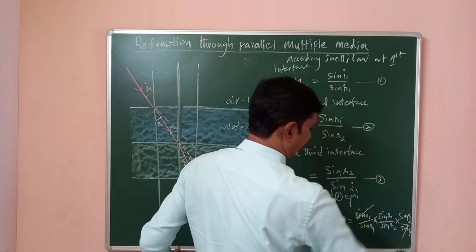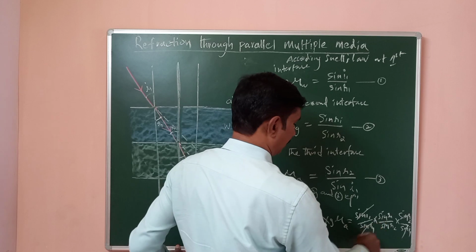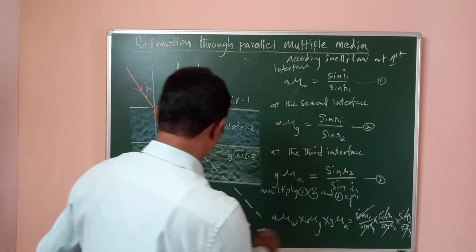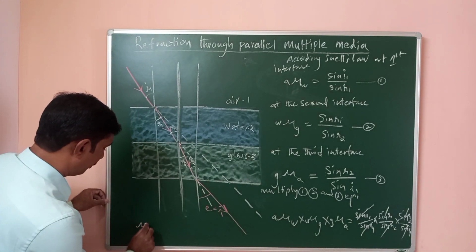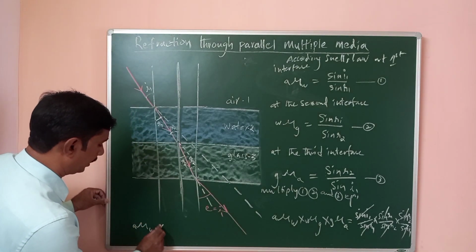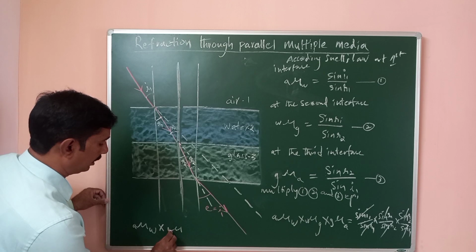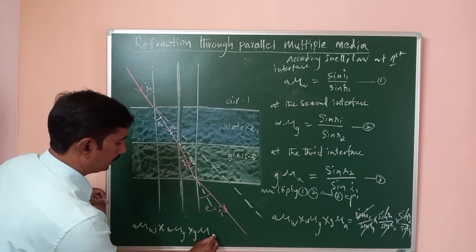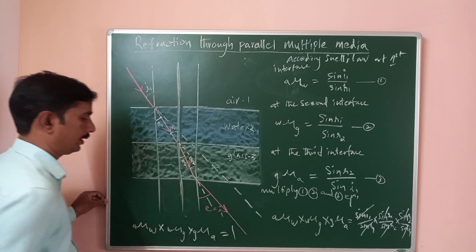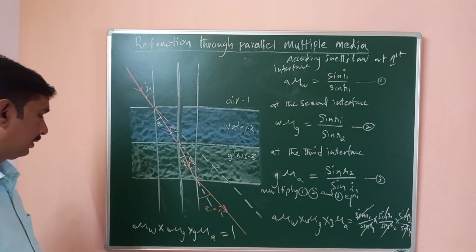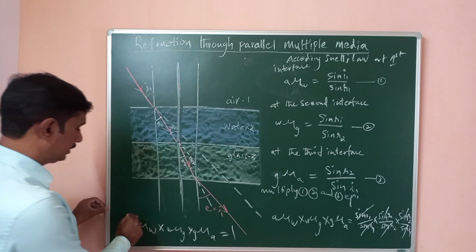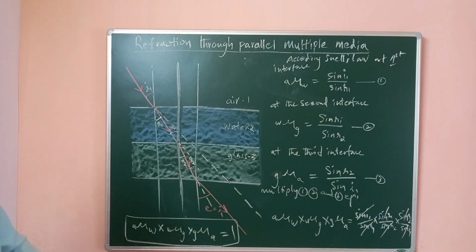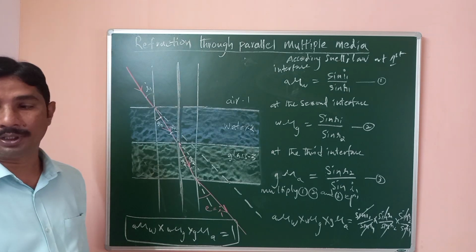Sine I1 and sine I1 get cancelled. R1 and R2 get cancelled. Therefore, we get mu A to W into mu W to G into mu G to A equal to 1. This is the significance of refraction through parallel multiple media.